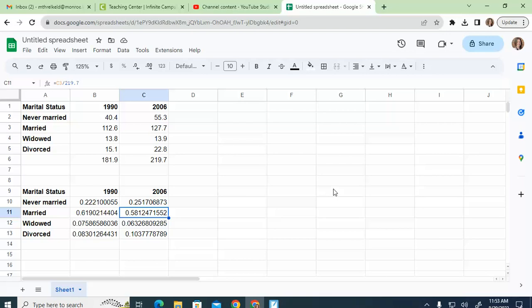Because we want to divide the same number every time. This divided by equals this divided by the total.